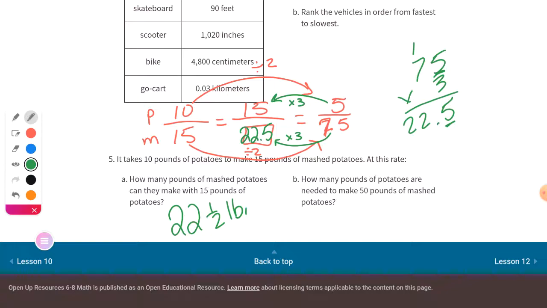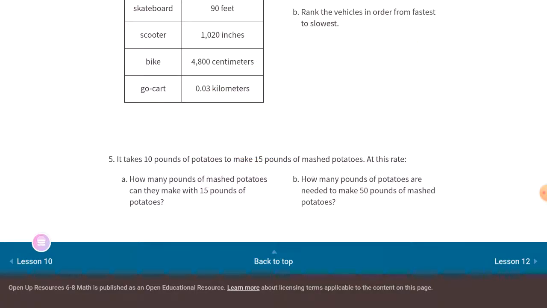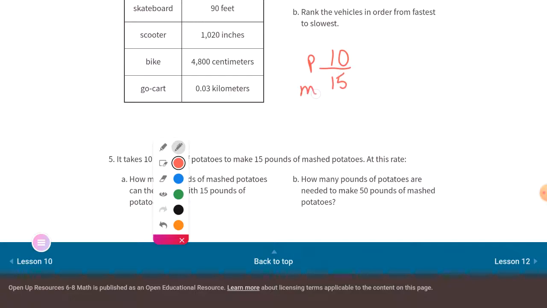For part B, the math got even uglier, but again, this is all math that we should be able to do without a calculator. Just quit making your life hard. Quit dividing it out. So we have 10 potatoes, 15 mashed, and this time we're trying to get the mashed to 50.